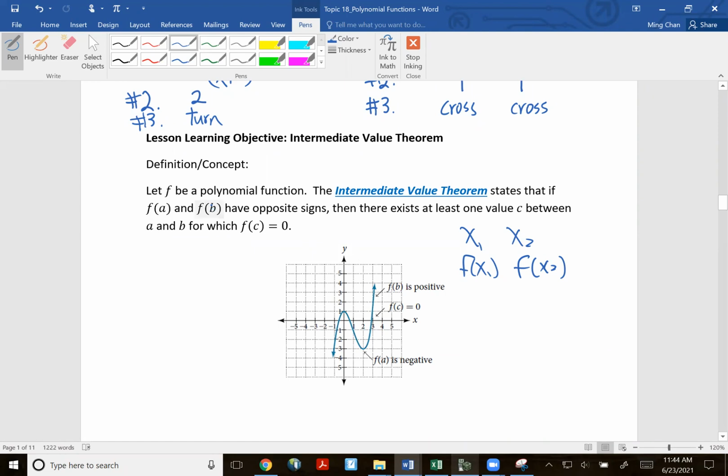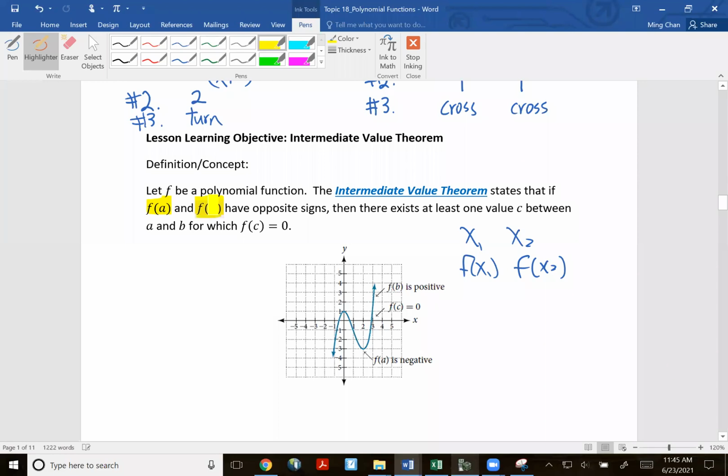If I substitute both x values into the function, then f of a is referring to the y value. So if I pick an x value, put it into my function, what comes out is a y value.